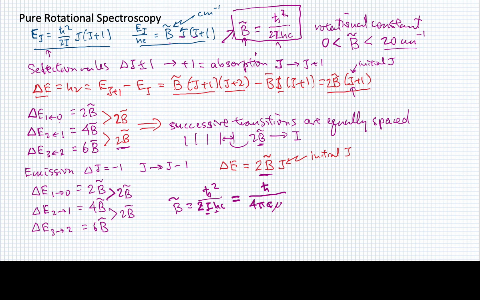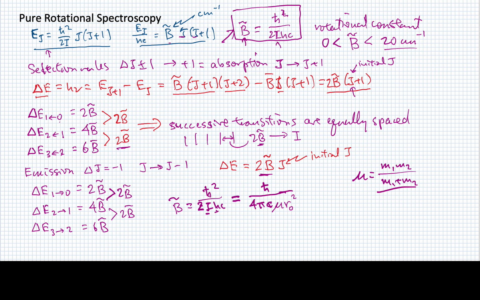But I can write the moment of inertia as mu times r0 squared. Mu in this case is the reduced mass for the molecule. So I can easily determine its value if I know the molecule.